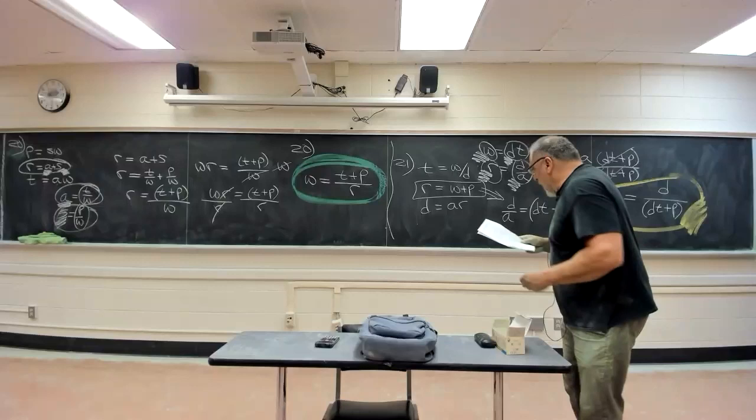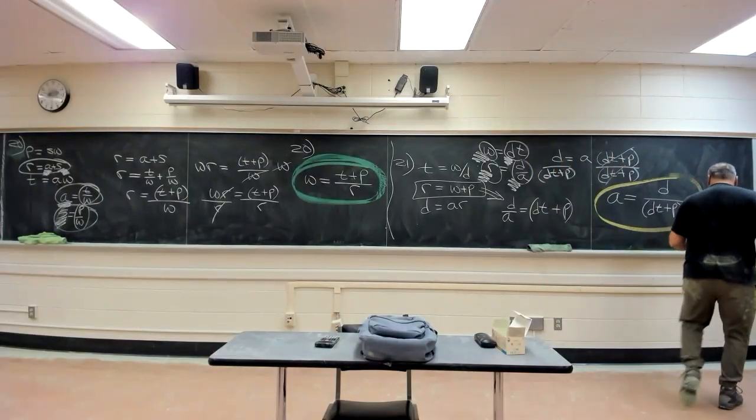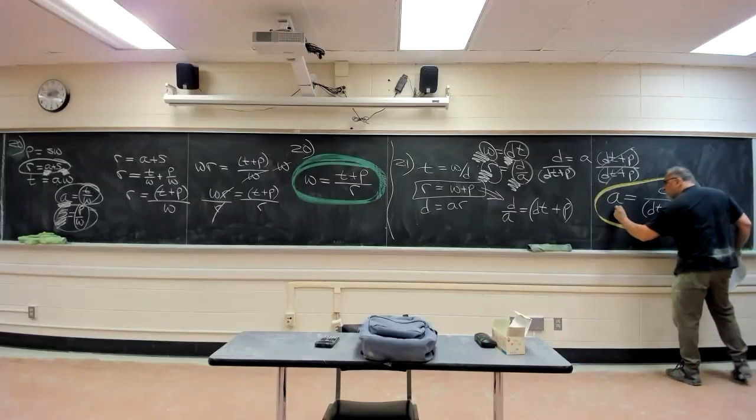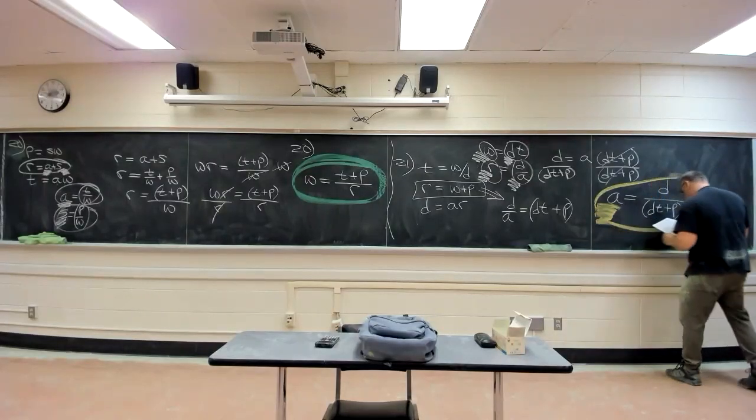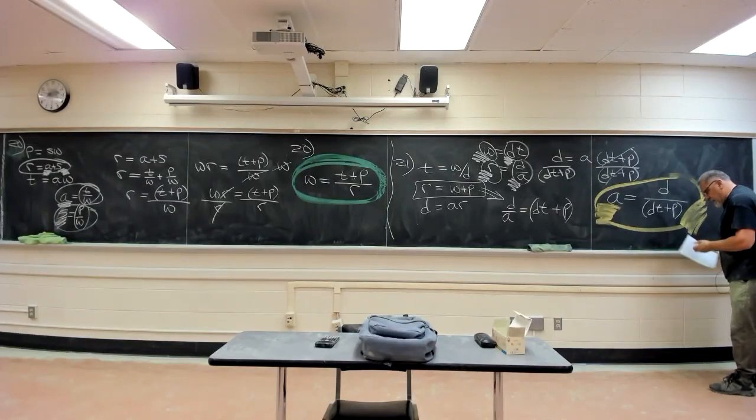That was 21. Solve for A. Okay, we should have that right now. Here it is. They write it in a little different order than I write it, but that's not a big deal.